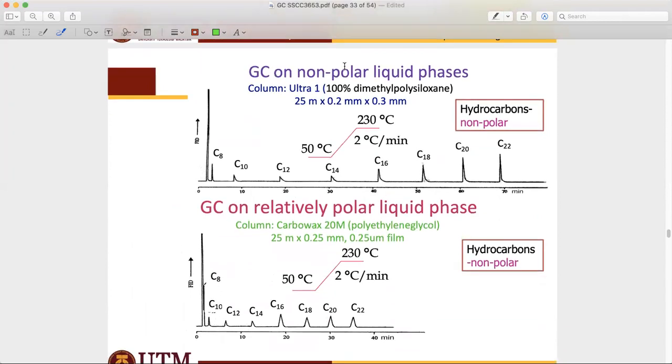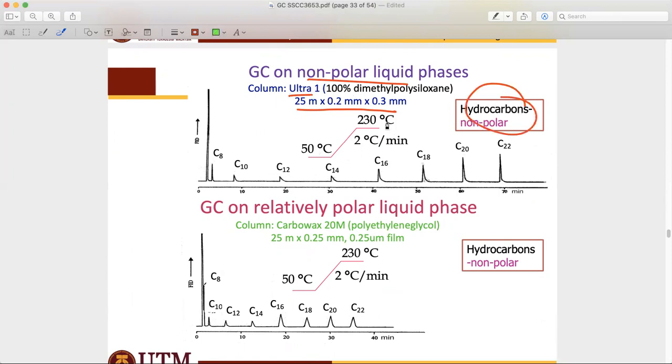Okay. Let's look at the chromatogram. GC on non-polar liquids. So gas chromatography using non-polar liquid phases, for example, Ultra 1, 100% dimethyl polysiloxane. These are the dimensions: 25 meters long, 0.2 millimeter internal diameter, and 0.33 micrometer film thickness. So these are the analysis of hydrocarbons. Hydrocarbons are non-polar.